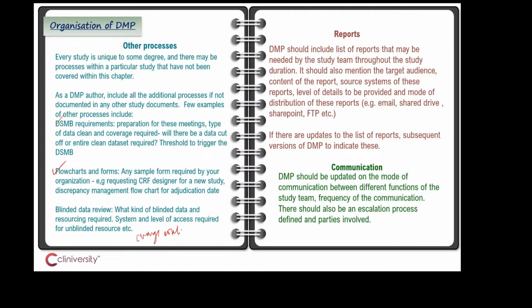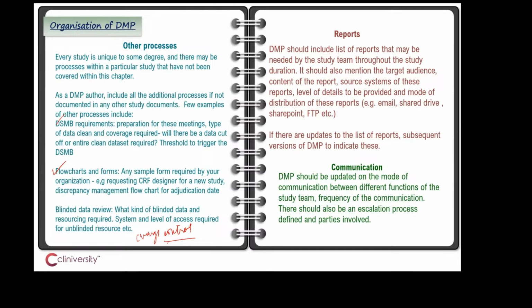So what is change control? Change control process is when there are changes in the study, or there is a requirement of an additional budget and that requires an additional change order. So how will these change orders be looked at?